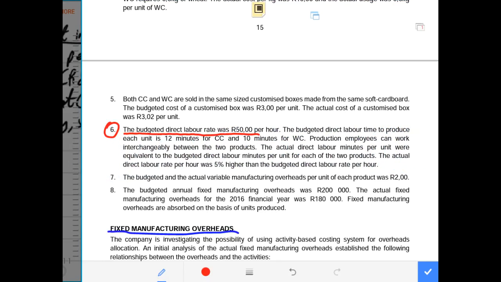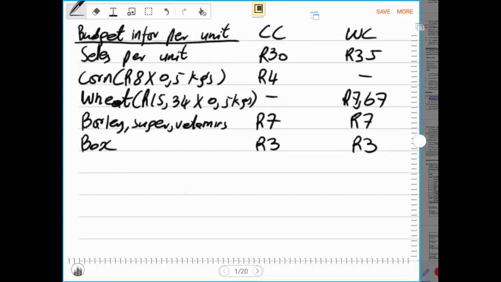So now meaning another cost, remember, our cost of production is made of material, labor, and overheads. So now in this case, we are being introduced to labor cost per unit. And they are telling us that the labor rate per hour is 50 rand.